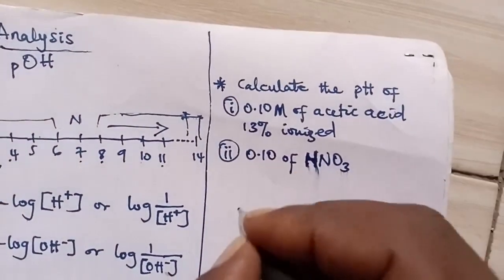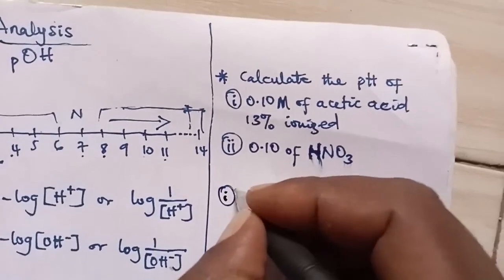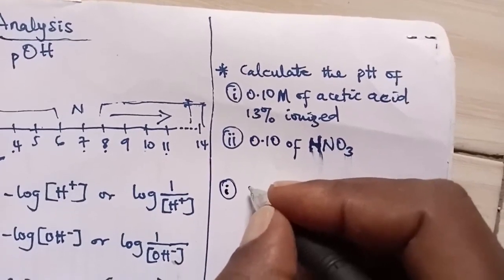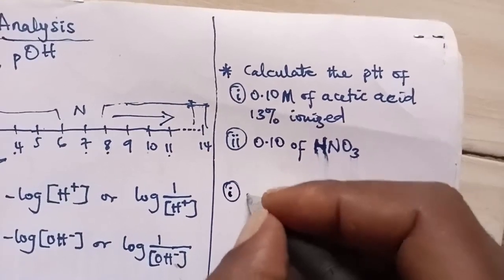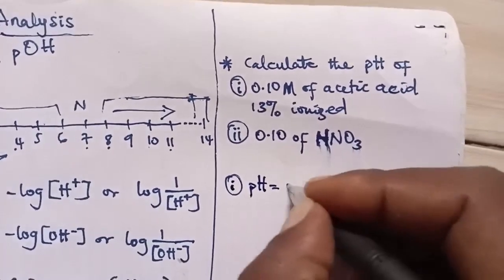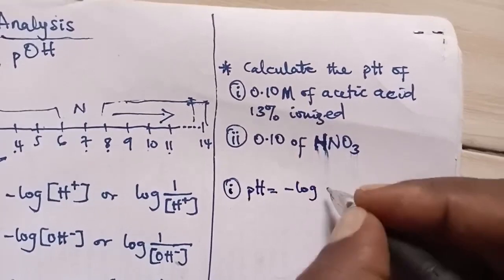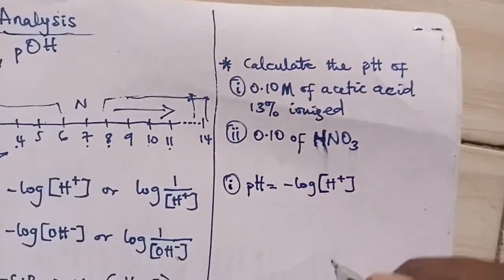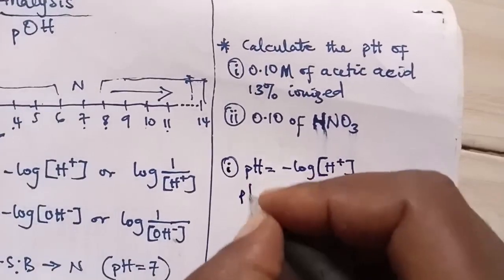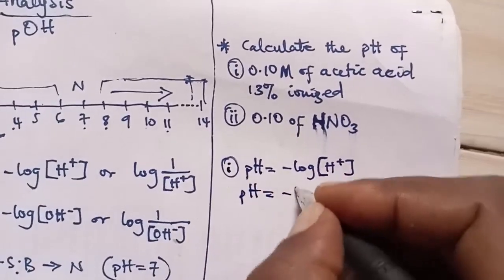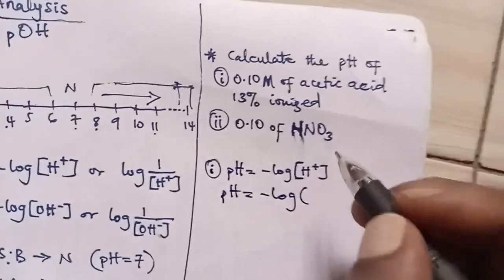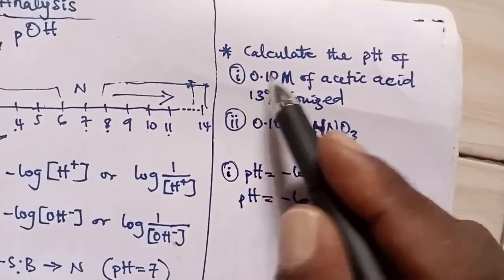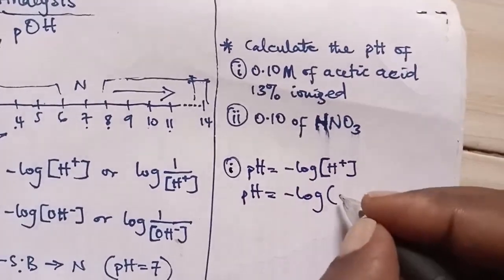Now, since we are looking at acetic acid, it means it's an acid, and for an acid we're looking at pH, and we know that pH is equal to negative log of hydrogen ion concentration. So because of that, we can say pH is equal to negative log of, remember it is 13% ionized, and the molar is 0.1.